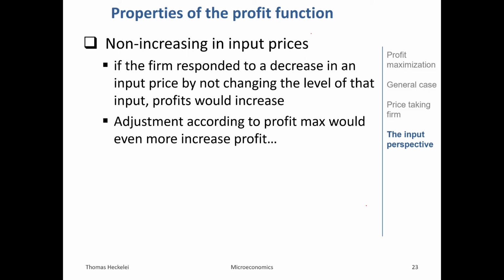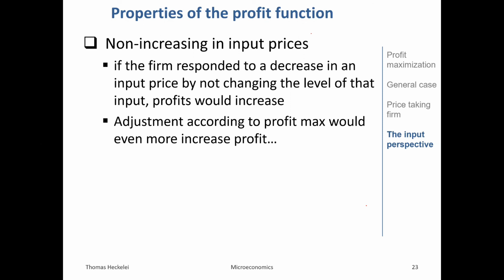Like veggies, noodles, they get costly. Now, of course, then my profit will decrease. Why? Because I'm selling for the same price but I have to pay more now, right?